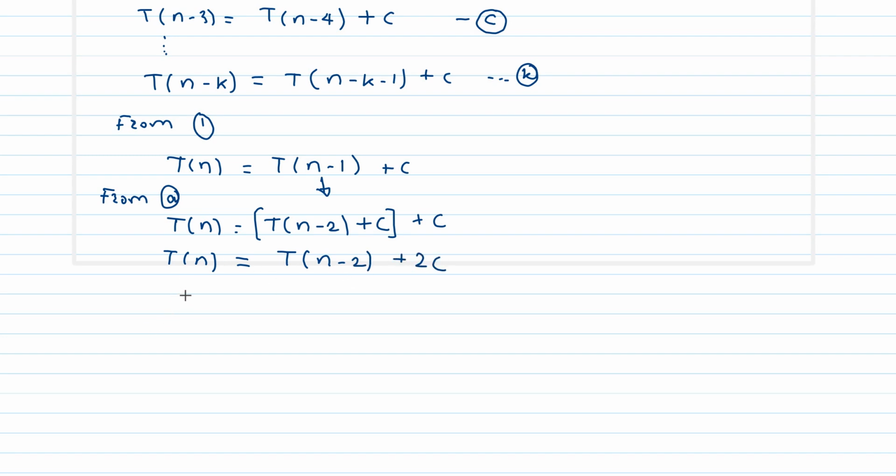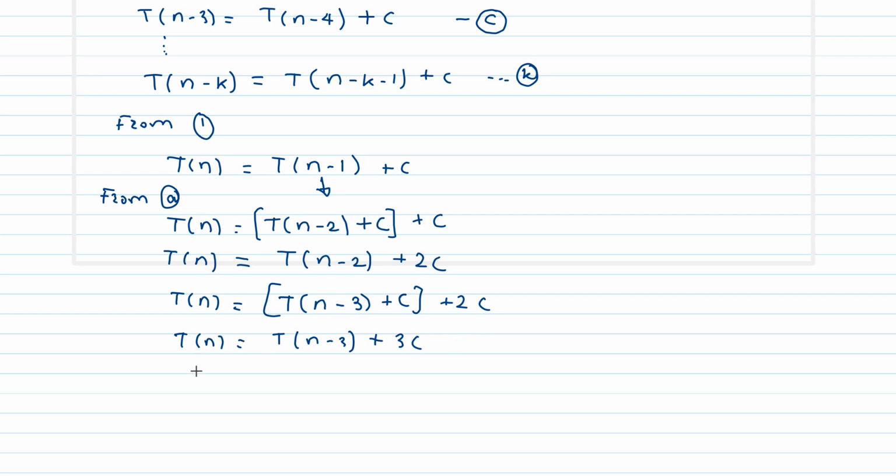Now again, replace T(n-2) with T(n-3) + c. So I will be getting T(n) = T(n-3) + c + 2c. So T(n) = T(n-3) + 3c.